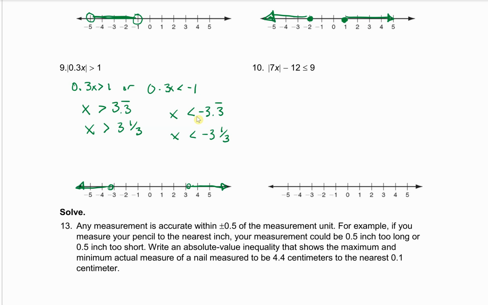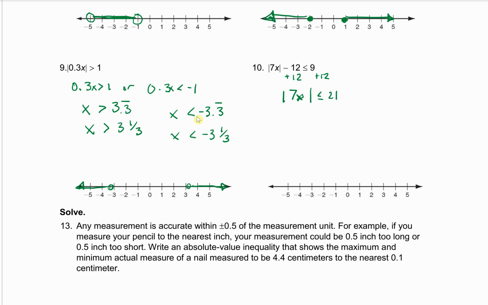Number 7, got to clear the fences just like you do with absolute value equations. So I got to add 12. So I get negative 7x. Absolute value of negative 7x is less than or equal to 21.